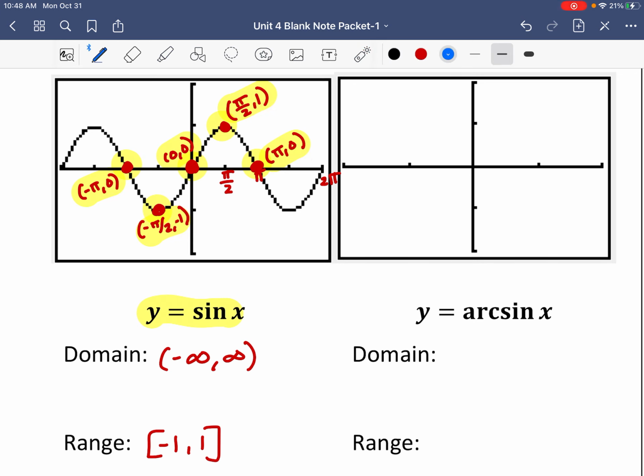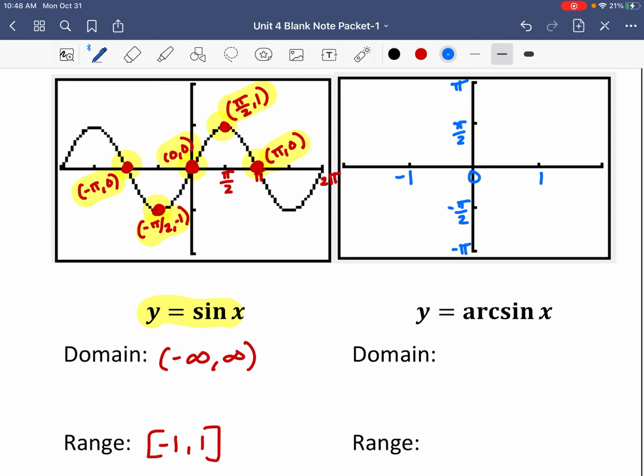So that means that my x values are going to go from negative 1 to positive 1. If I look over here, all of my old x values go from negative pi to positive pi. So this time I'm going to make my y values do that. Negative pi over 2, negative pi, pi over 2, pi.